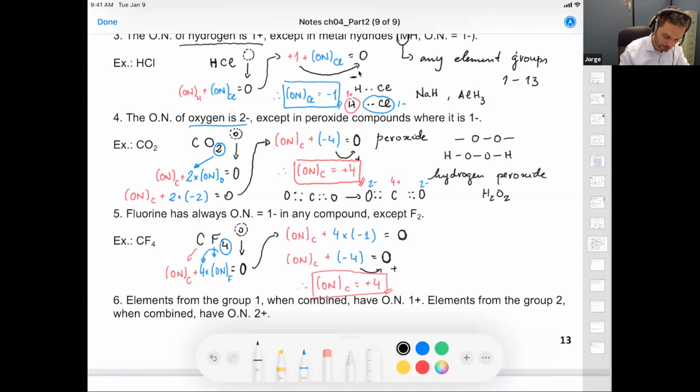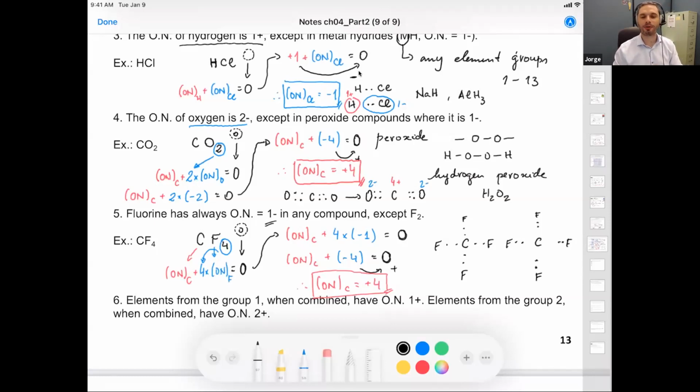So you don't need to know that now, but CF4 has this structure that I'm showing here. Each dot means an electron, and each bond means that a pair of electrons is being shared. If we could take a picture of the electrons in this compound and the position of them, we would see the pair of electrons much closer to the fluorine than the carbon, because the oxidation number for fluorine is 1 minus, okay?